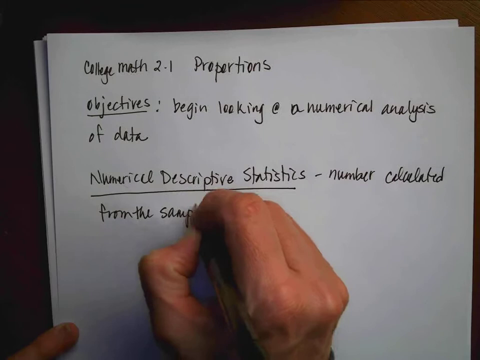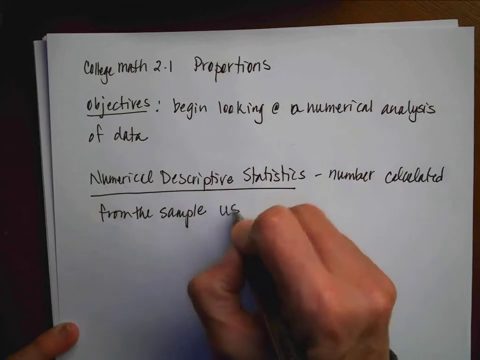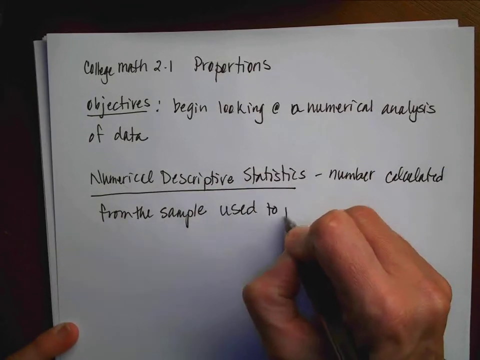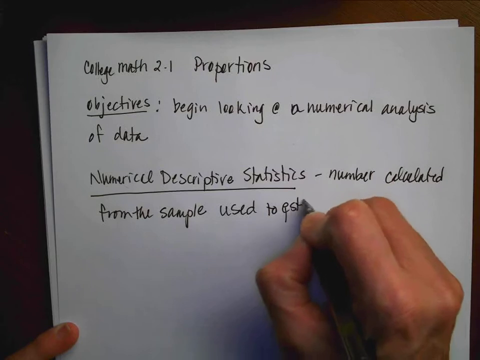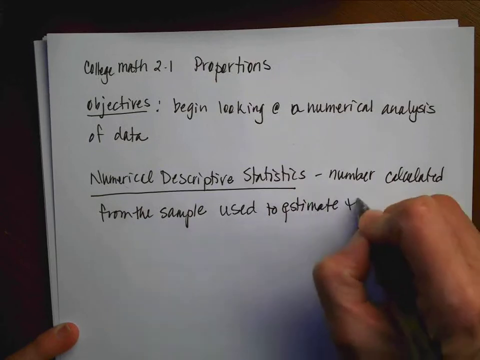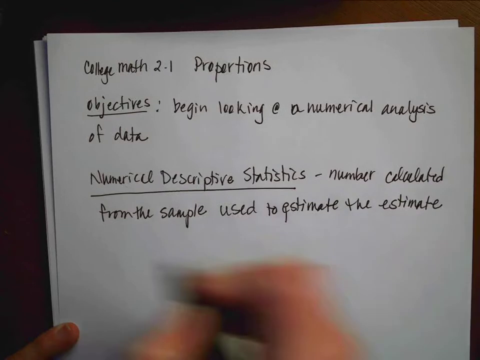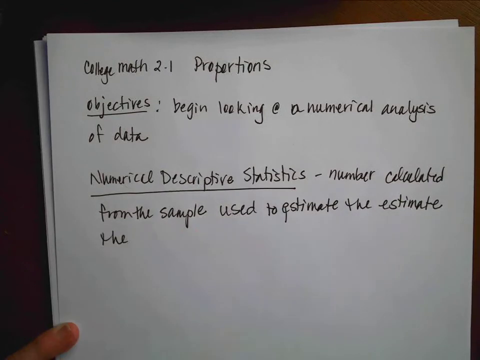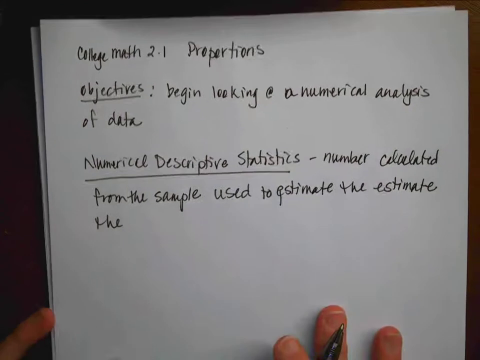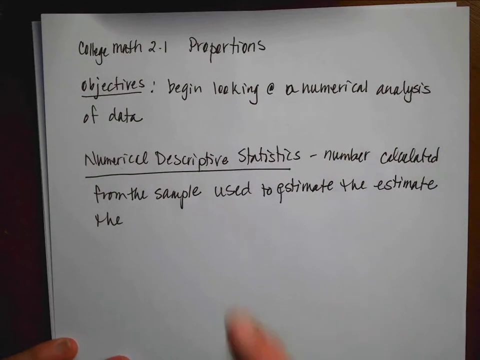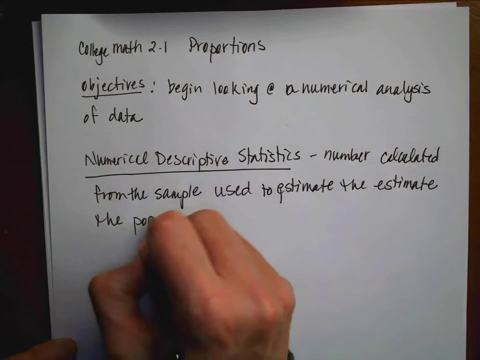We have a lot of definitions today, used to estimate the population. So remember that oftentimes we will do a lot of calculations on the sample, and we're going to use that information to make predictions about what's going to happen for the population.